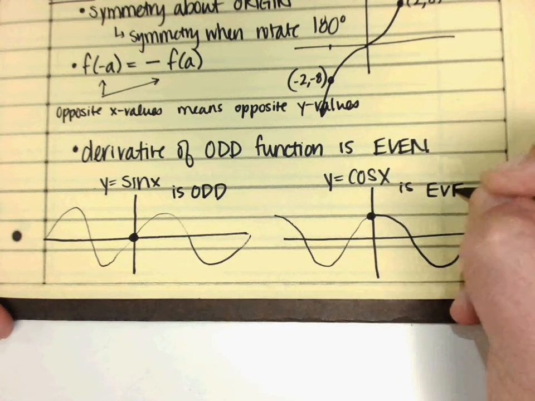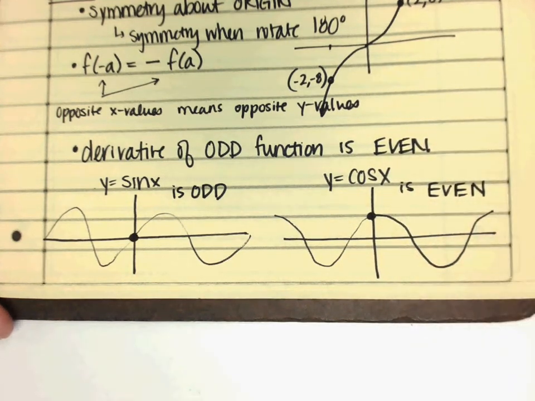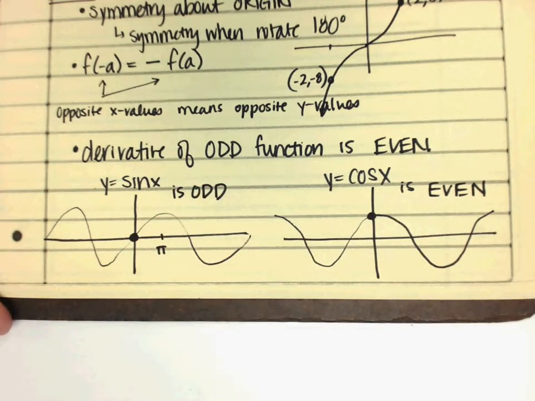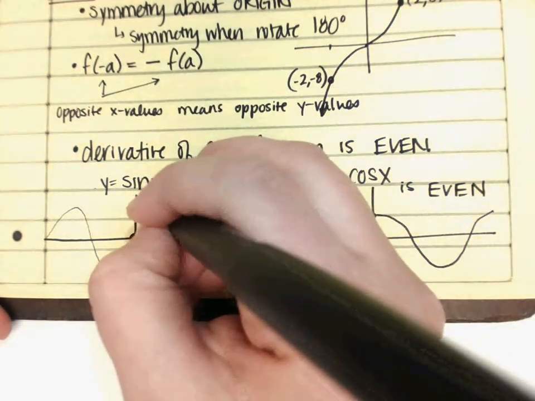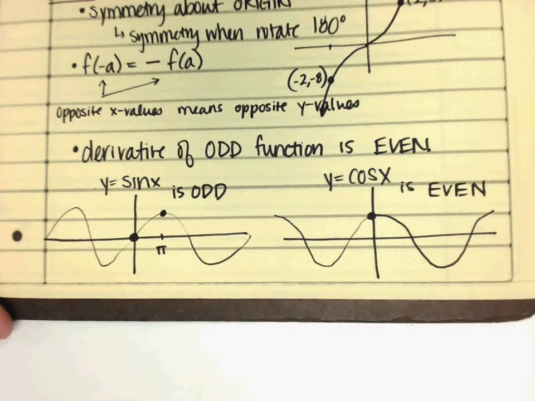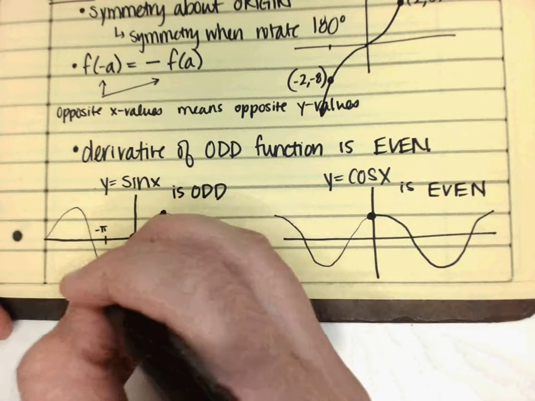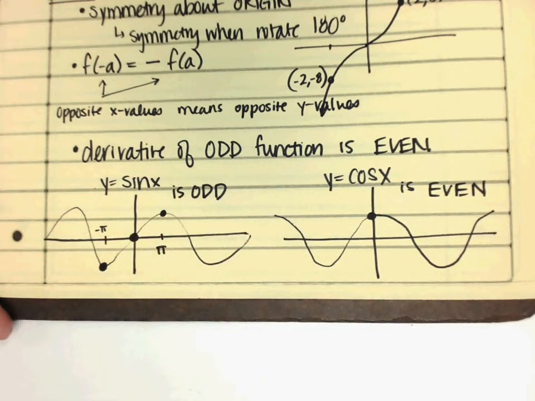Okay, now let's plot a few points just to check that. So, if I were to go to pi, what is the sine of pi? 0. What is the sine of negative pi? 0. Yeah? What happened when I changed pi to negative pi? My y value changed sign as well. Okay, what about if, let's say I did 3 pi halves?